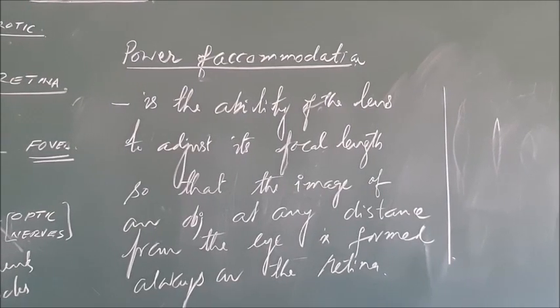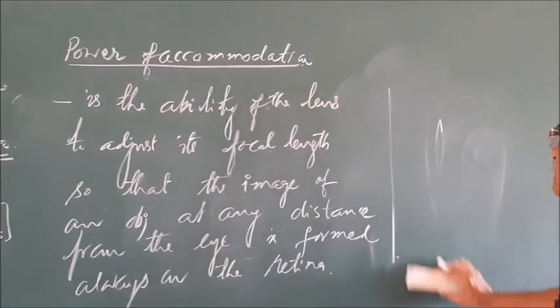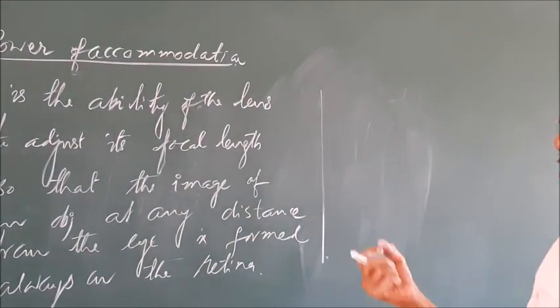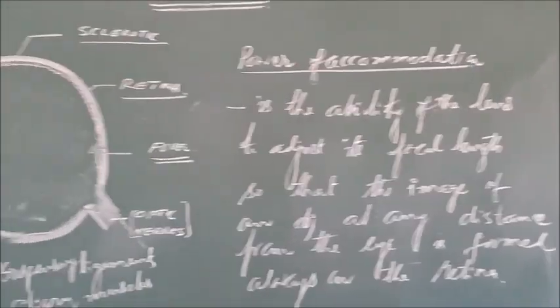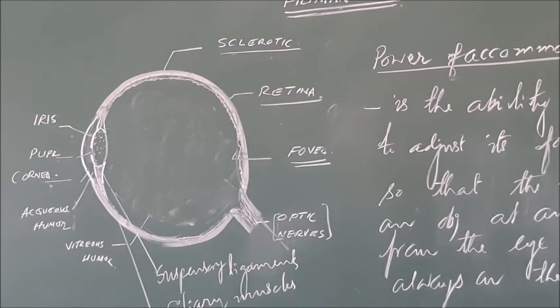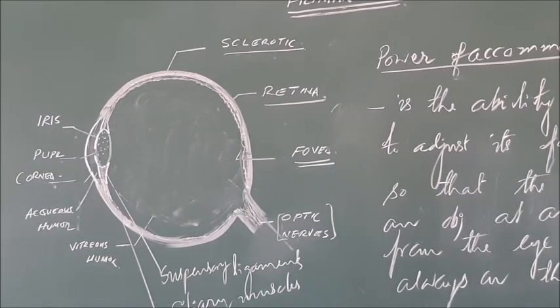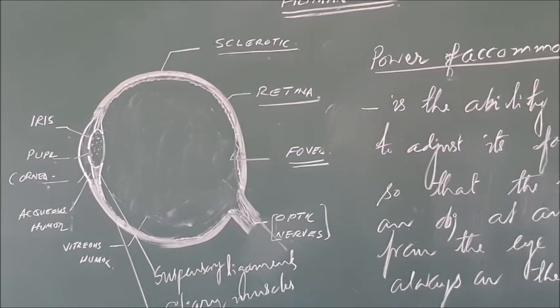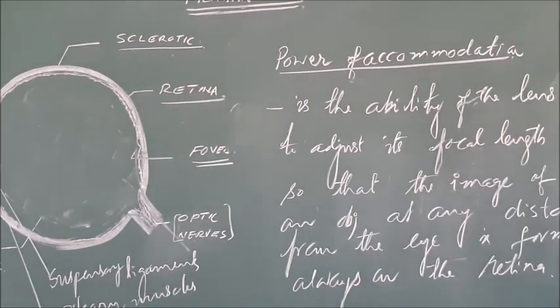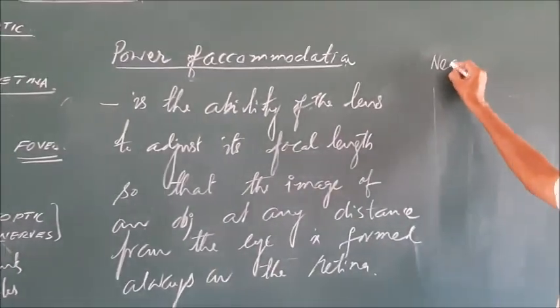Now with the result, you can't stretch the eye lens too far. You cannot also compress the eye lens too much. With the result, we have what is called the near point.